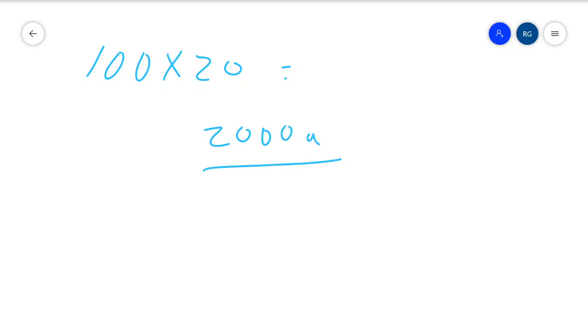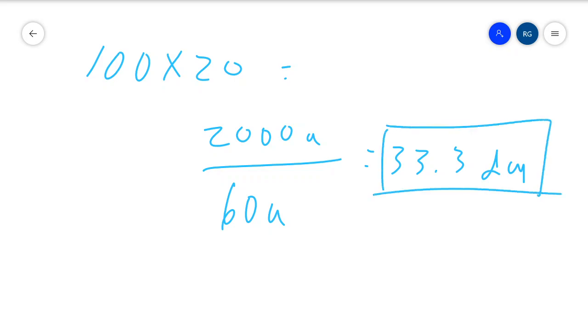We want to inject 20 units subcutaneous 3 times a day. For the full day, 20 times 3 is 60 units. So 2,000 divided by 60 equals 33.3 days. Let's see if that's good for Novolin N. Novolin N is good for 42 days. So yes, 33 will be your answer.